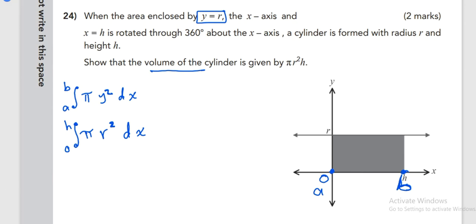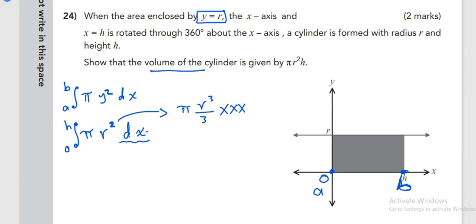Here, if we want to integrate this expression, don't make this mistake. Don't say pi will be the same. Don't say integration of r power 2 is r power 3 over 3. It's wrong. Why? Because here we apply the rule of integration on the variable of the function. What is the variable of the function? The variable here is x.